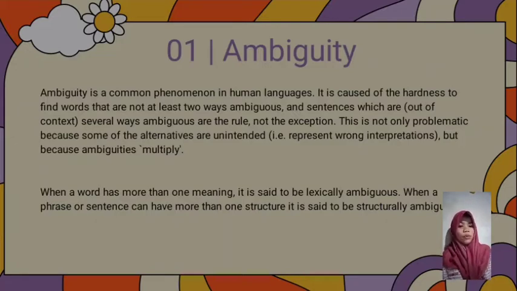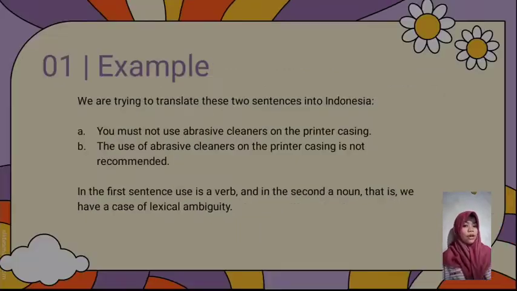When a word has more than one meaning, we can say it is lexically ambiguous. And when a phrase or sentence has more than one structure, it is said to be structurally ambiguous. Now we're going to give you an example. You can see these two sentences in the presentation slide.